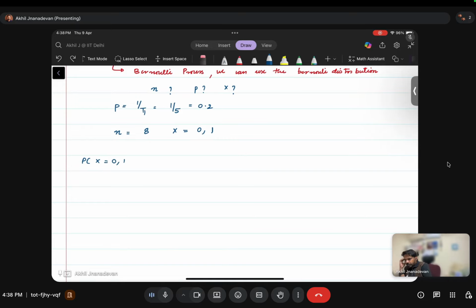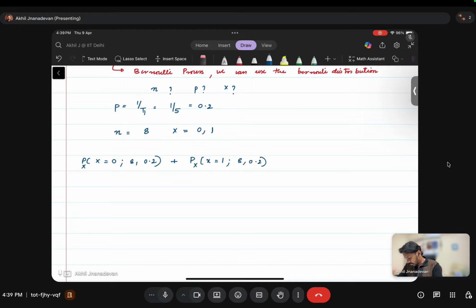We can write the parameters also here: P of x equal to 0 with parameters 8 and 0.2, plus P of x equal to 1 with parameters 8 and 0.2.